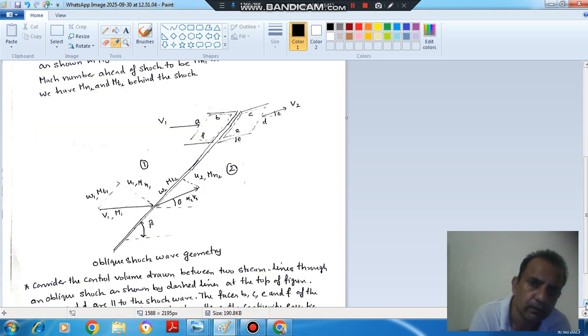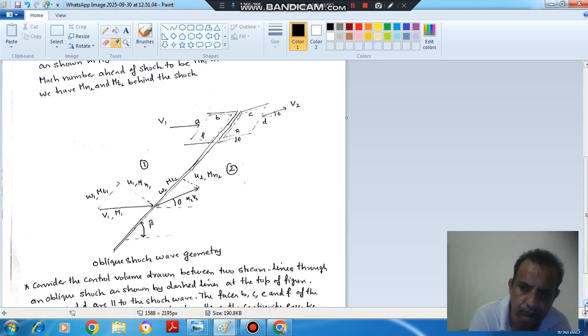Okay. Now we will study this part. Suppose we have a control volume in which A and D are parallel to the shock wave, and B, F, C, E are perpendicular to the shock wave. Okay.